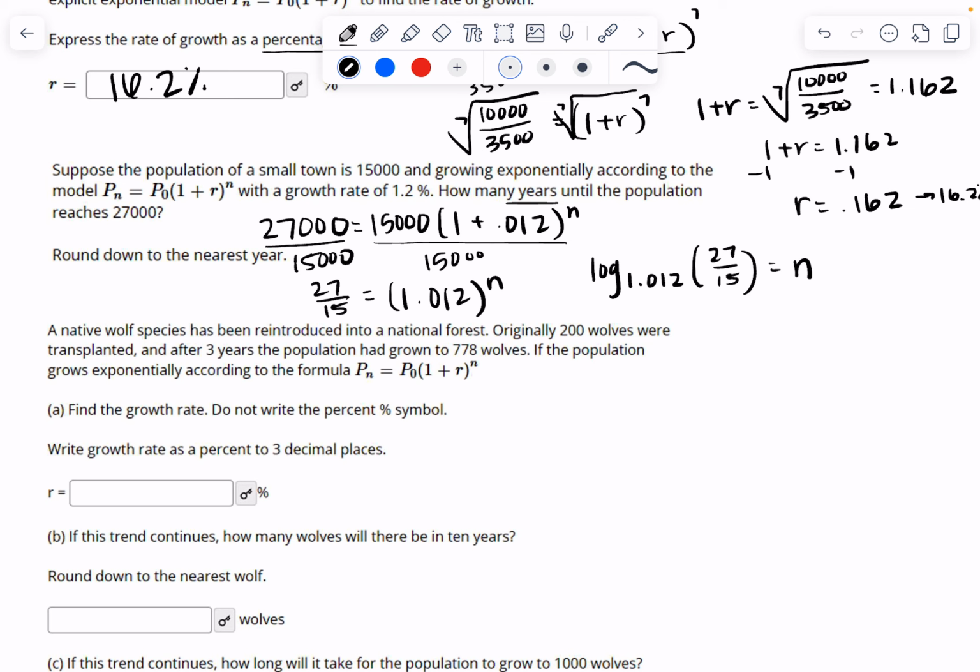And then we do the change of base formula. So this would be log of 27 over 15. Let me rewrite that so it's a little bit more clear. Log of 27 over 15 over log of 1.012. Now I just need to type that in my calculator.